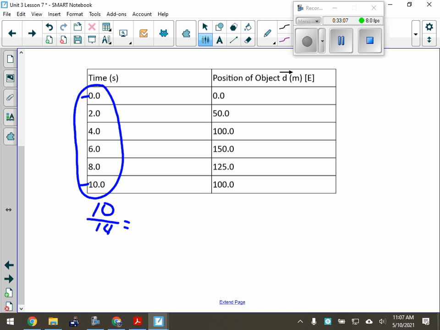Let's see here. 10 divided by 14 is 5/7, about 0.714. Okay, so each square would be about 0.714. Now that's a ridiculous number to use, because we want to keep it nice and neat.